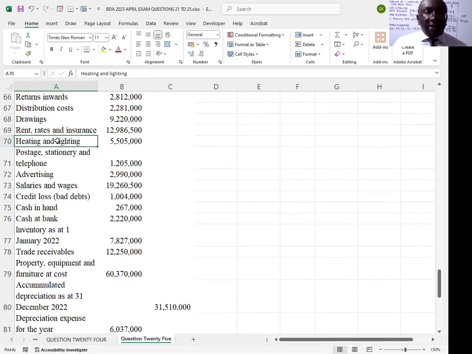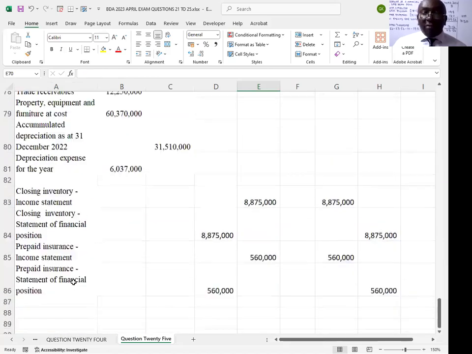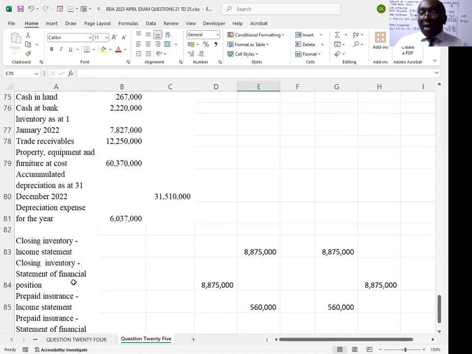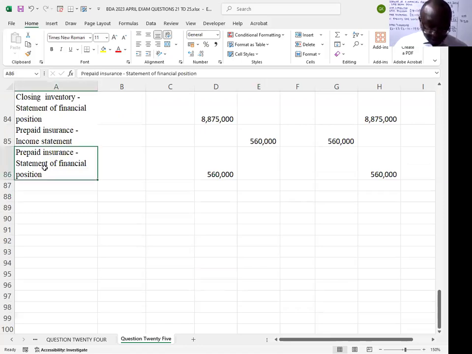At least this one is here on its own. I can choose now to come and credit here. And then create the entry on its own that will go to the income statement. I mean, to the statement of financial position. Either way can work. So what I will do, I will just come here, I copy this, I paste it here.